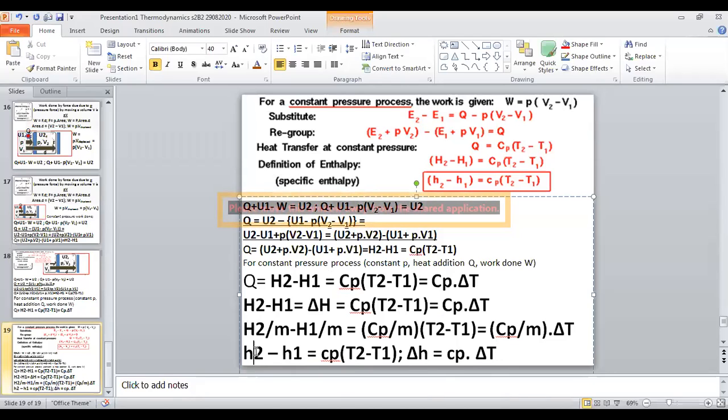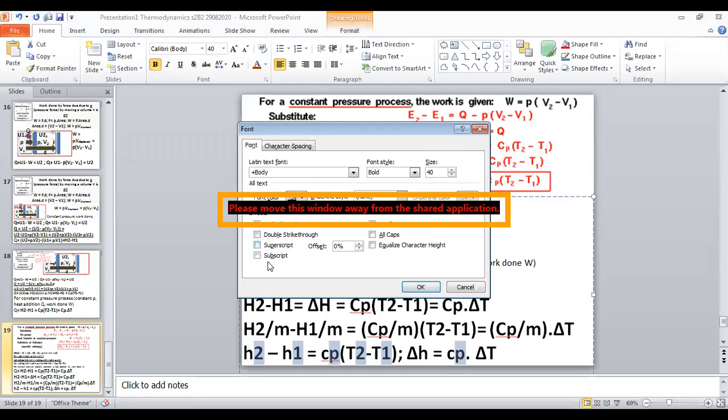And actually the 2, 1, and P in Cp all should be subscripts.